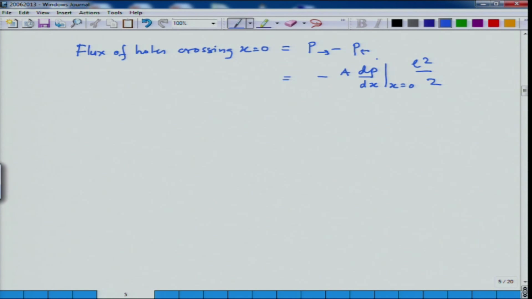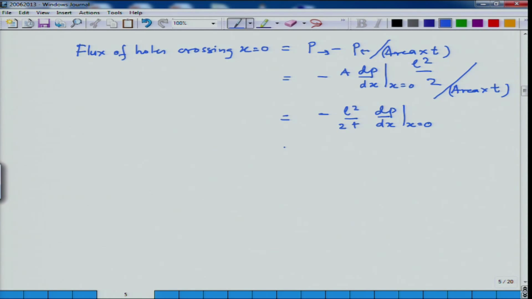And since we are looking at the flux, we should divide this by the area multiplied by the time that it takes. So, if I divide this by the area and multiply by the time, then we are looking at the expression L square by 2t dP dx at x equal to 0, and L by t is nothing but V bar.